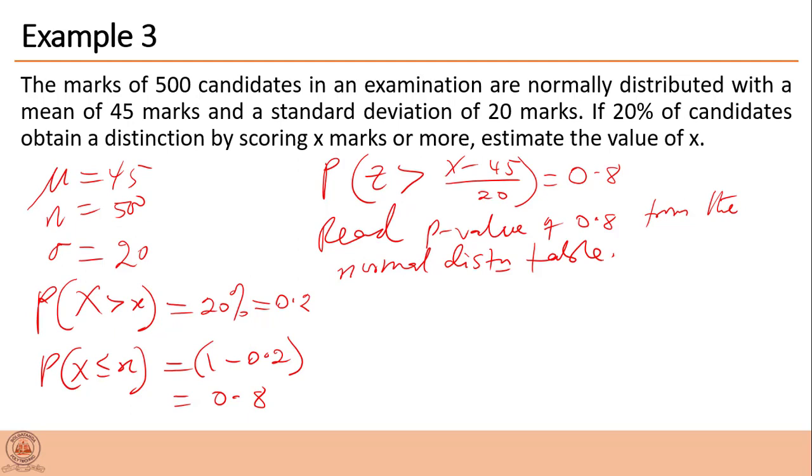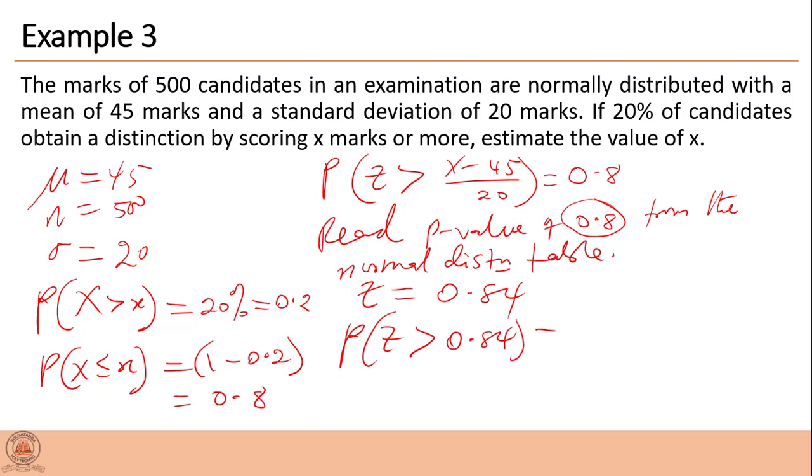So from the normal distribution table, reading 0.8 from the table, we get a Z value to be equals to 0.84. So our probability of Z greater than 0.84 is equals to 0.8.